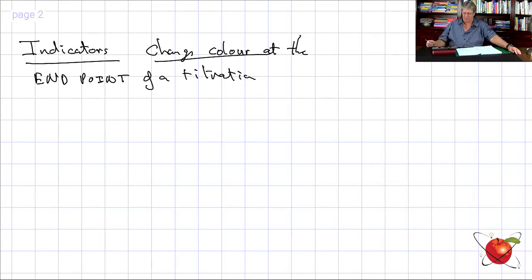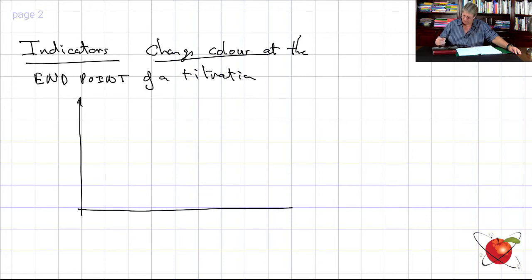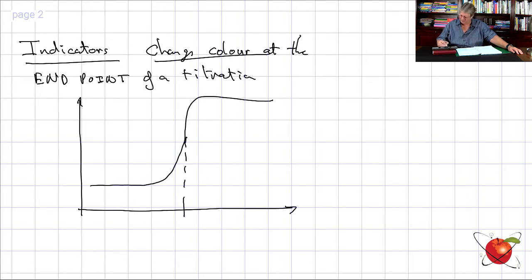Now the end point. As you are doing a titration, you plot a graph that looks like this. I'm not going to get into detail of this right now, but you plot a graph and over here it does that. The middle of that line is called the end point.